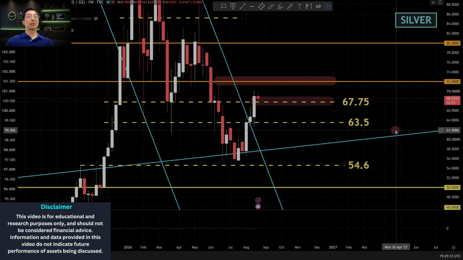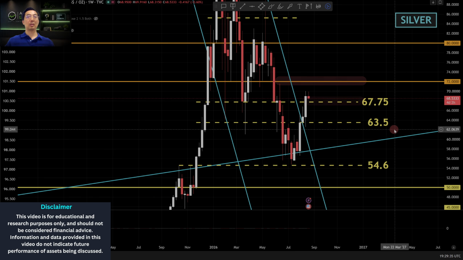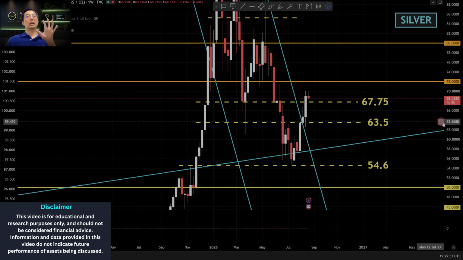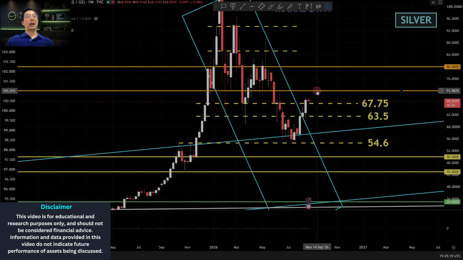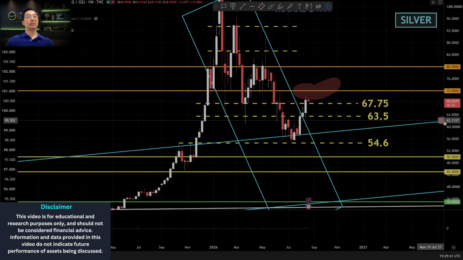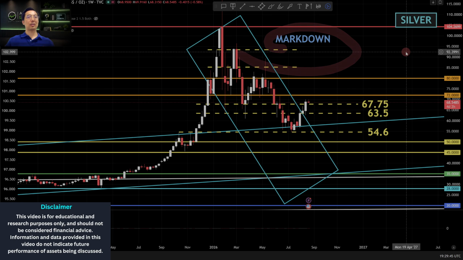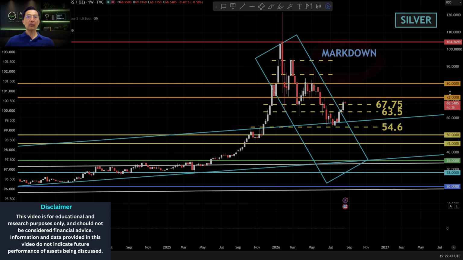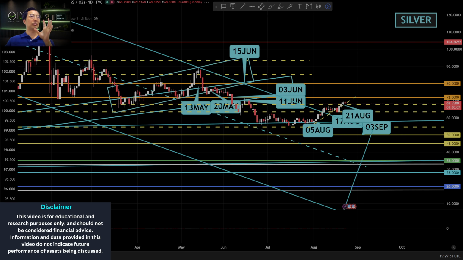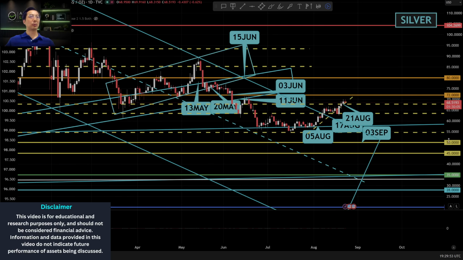And of course, the key resistance remains $72. As long as it is not breaking the key level, the markdown situation hasn't changed. Okay? So, having seen the weekly big picture, now let's get to the micro view.